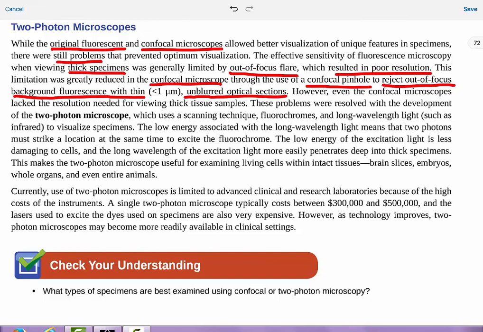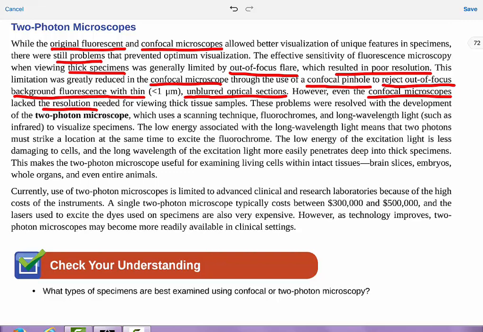However, even the confocal microscopes lacked the resolution needed for viewing thick tissue samples. So we're talking about some really thick tissue samples. We want to see something in a much more three-dimensional shape, or look at it in its three dimensions.